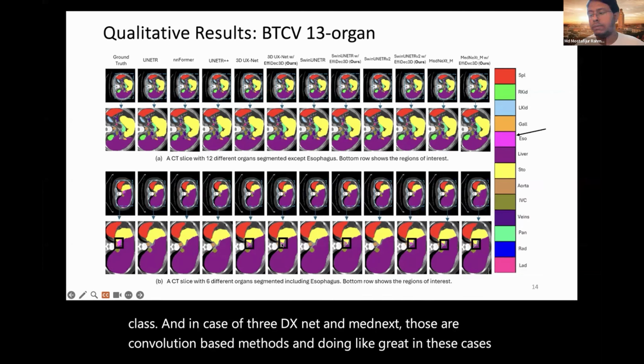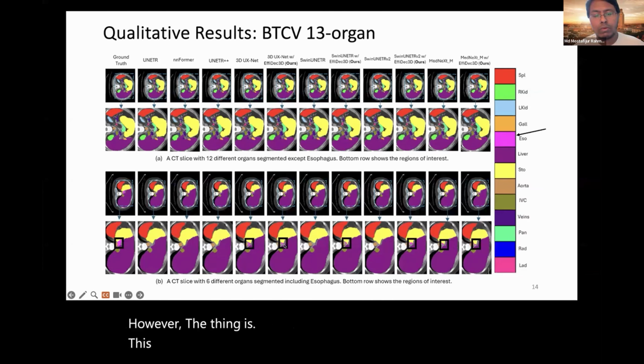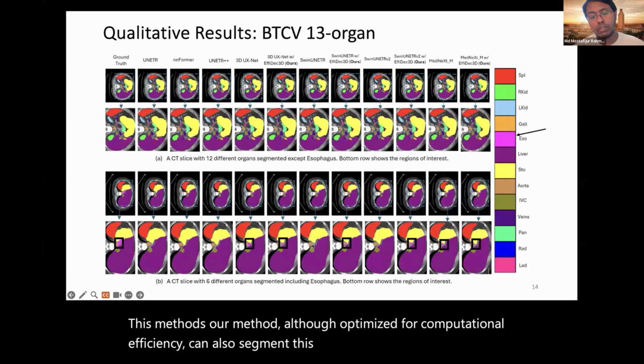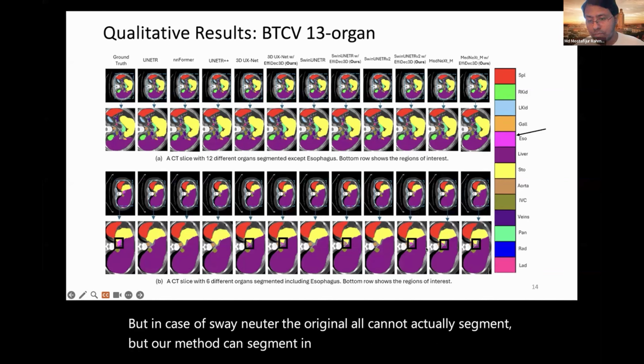However, our method, although optimized for computational efficiency, can also segment this esophagus region. In the case of SwinUNETR, the original one cannot segment, but our method can segment this part as well.